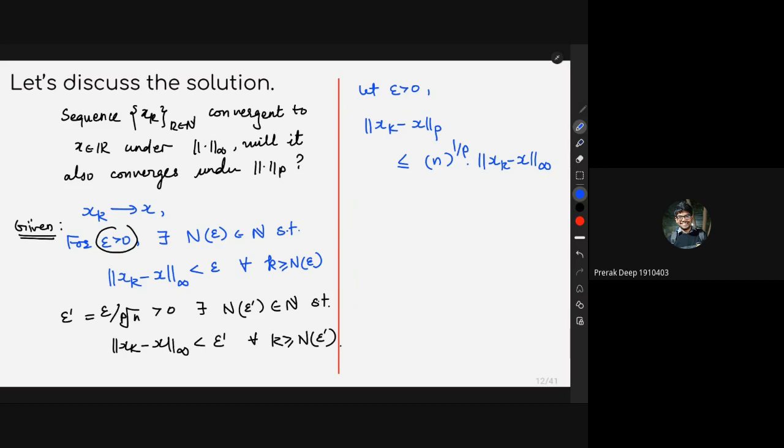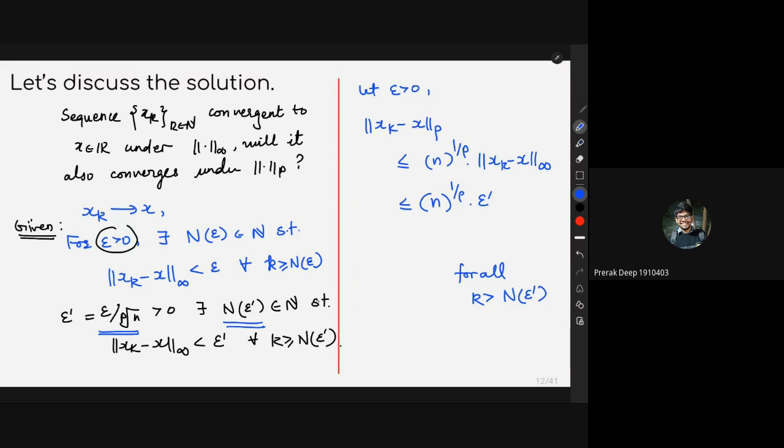And for this infinity norm, I can work with this epsilon prime and find a natural number, n epsilon prime, to get a bound in terms of epsilon prime. So this will be smaller than epsilon prime for all k larger than n epsilon prime.